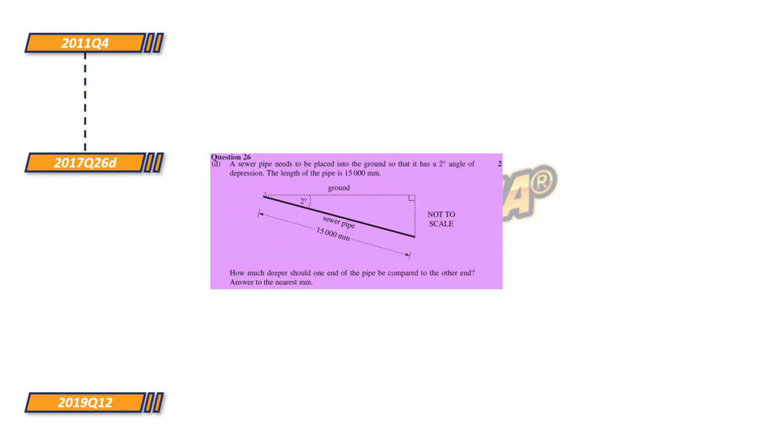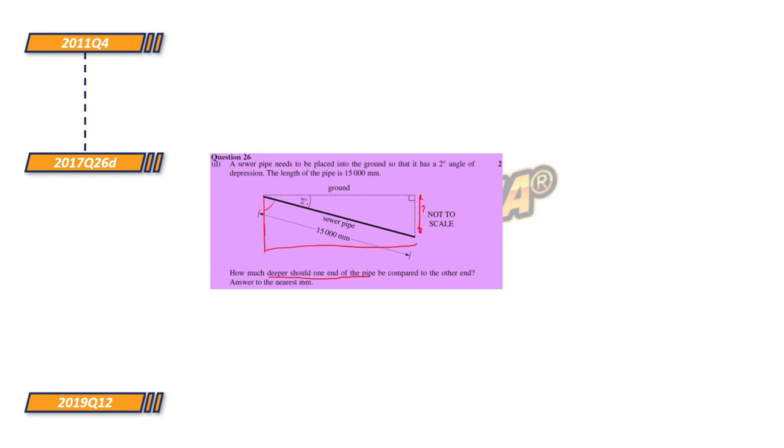The only difference was that in the earlier case you were given a kookaburra and the triangle was like this, and you needed to work out this angle to make the triangle. But in this case, you have already got the angle here and the triangle is forming the other way. Here they're asking how much deeper the pipe should be, so this length is being asked.